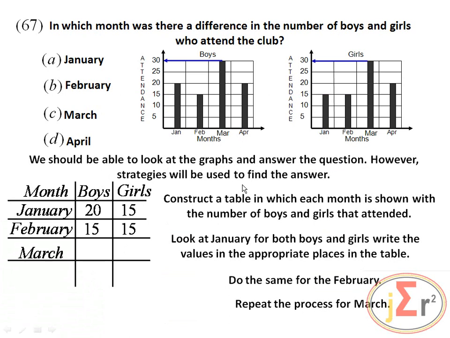So for the month of March, we have 30 for boys and 30 for girls. Finish up as usual with the month of April. April, 20 boys and 20 girls, and we can see that from where the arrows are pointing.